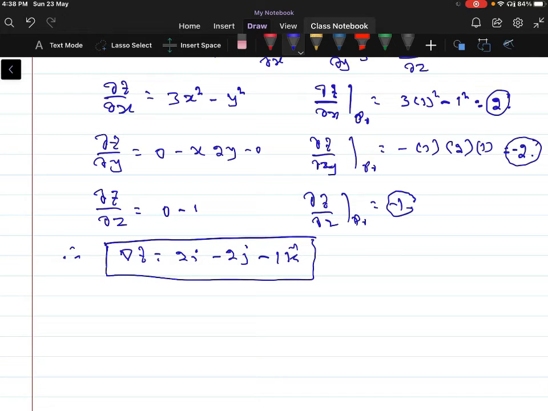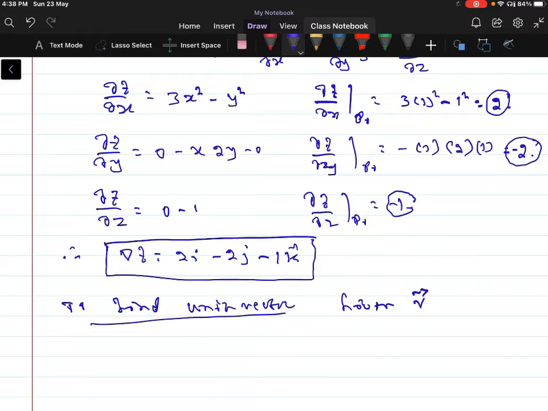Now we will find the unit vector. Given vector v is equal to 2i minus 3j plus 6k, the unit vector of vector v is equal to vector v by modulus of v.